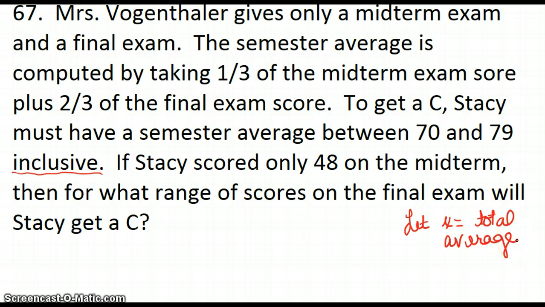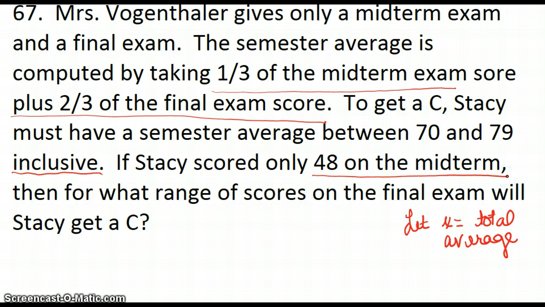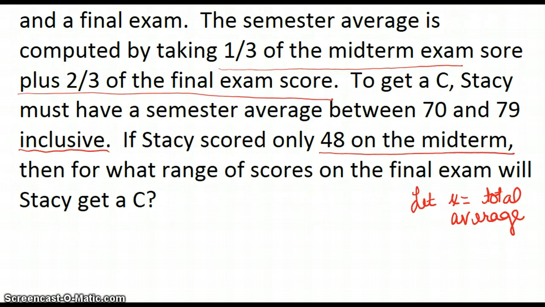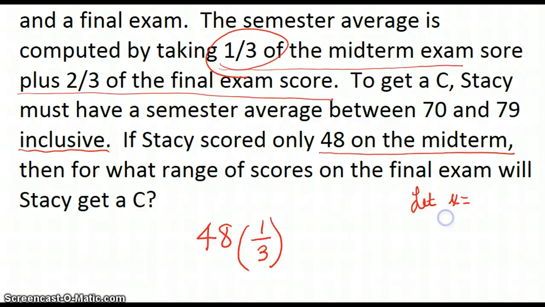Okay, so 1/3 of the midterm exam plus 2/3 of the final exam. So she scored a 48 on the midterm. Means we're going to take 48 and 1/3 of that. So just times 1/3. And we're asking, what does she get on the final exam? So maybe this needs to be x equals the final exam.